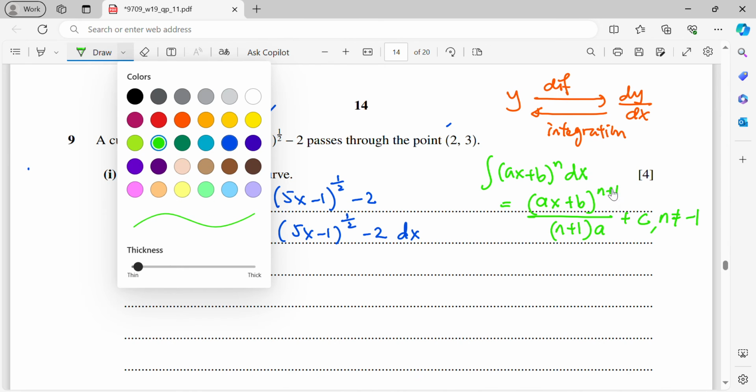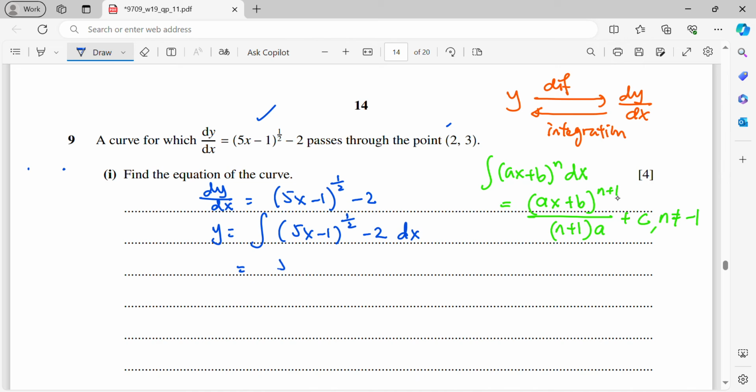Then from here, now I will get 5x minus 1. The half plus 1 becomes 3 over 2. Then over 3 over 2, and then you differentiate 5x, I get 5. Differentiate minus 1 is 0.